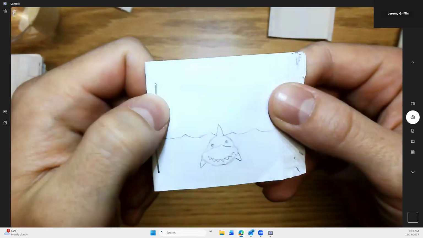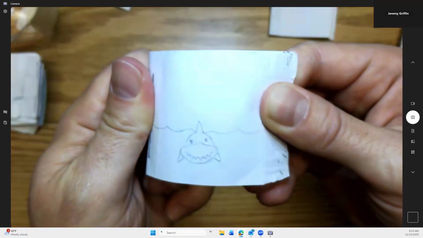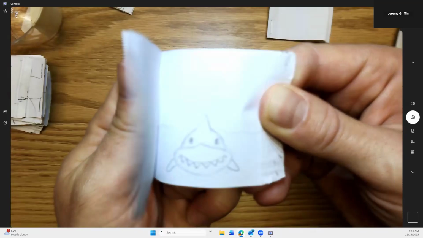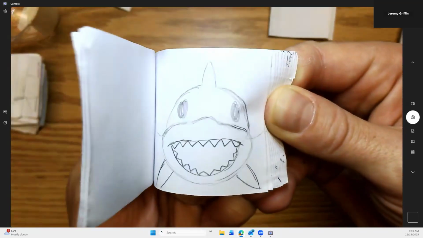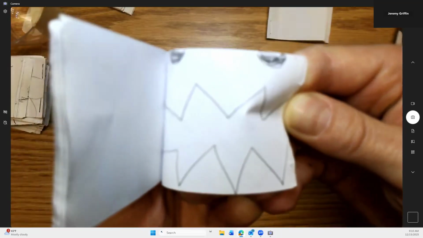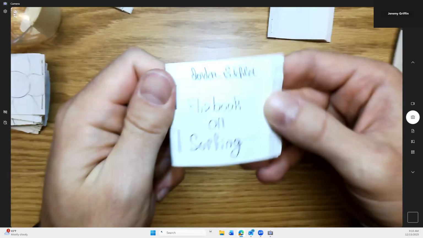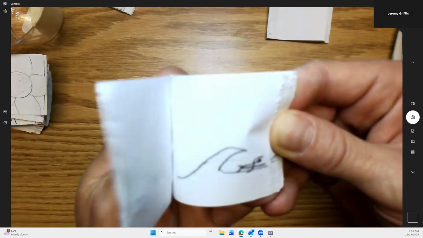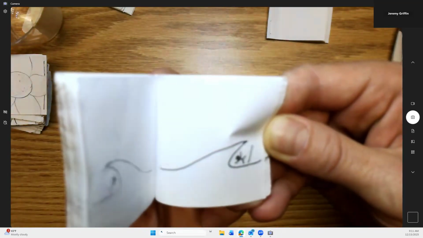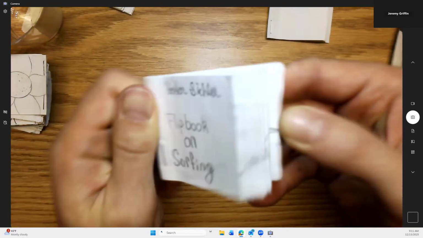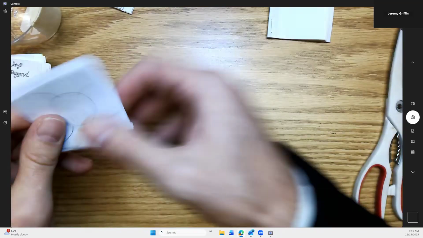A happy shark. He's just a hungry shark. Where do I put these?